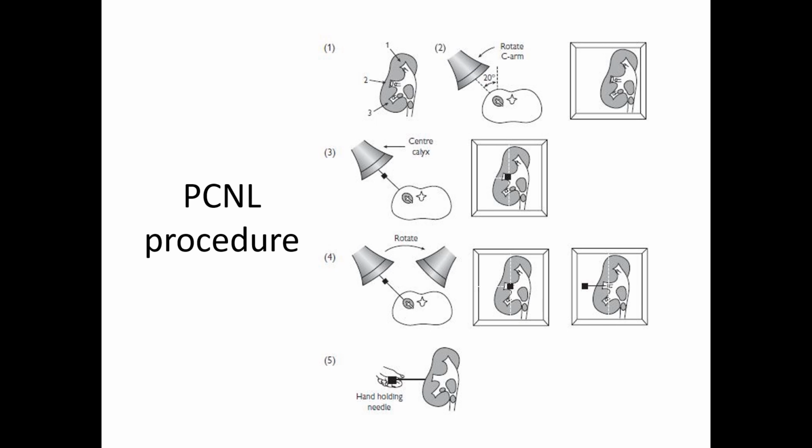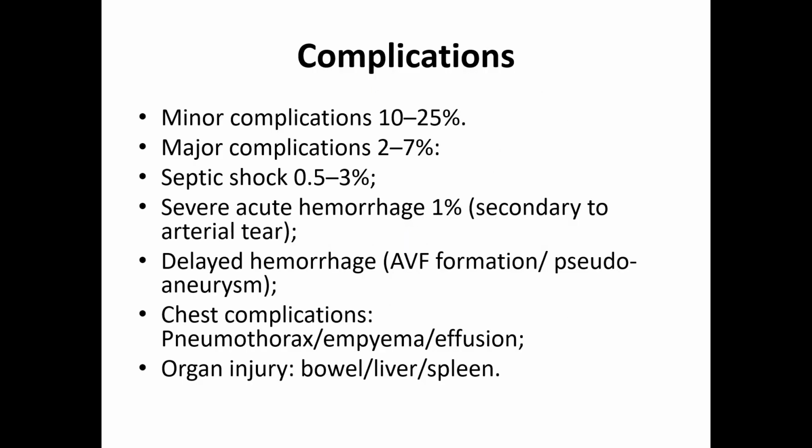The first step is the visualization of the kidney, and then the second and third is to modify your pictures in order to be sure that your needle is inside the calyces. Then you puncture and the urine comes, and then you put your guide wires, and then you do your procedures.